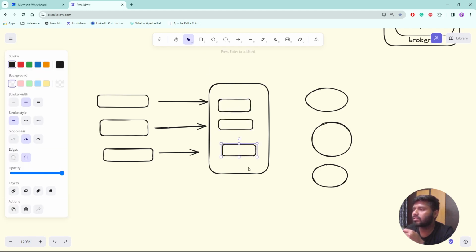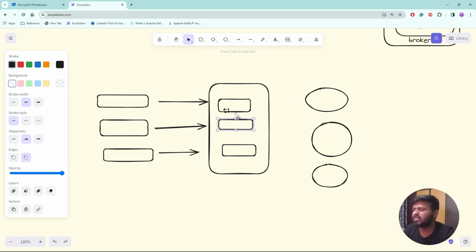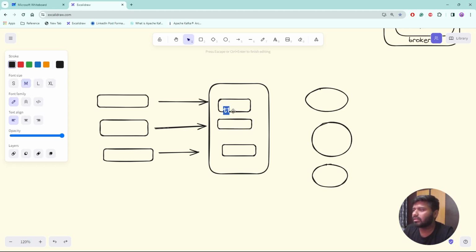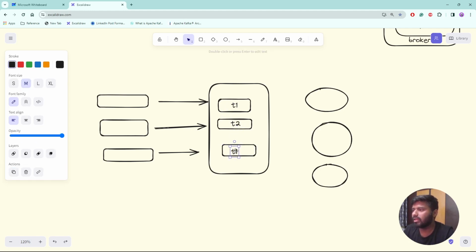Say for example, these all are my topics, and I can just name them for my understanding: T1 is my first topic, and then I'm just copying it. This could be my T2, and this could be my T3, right?